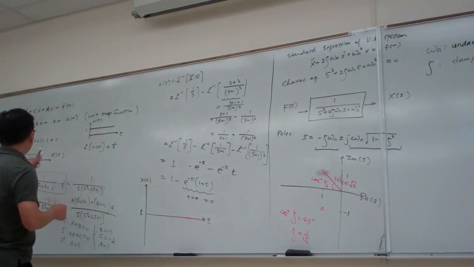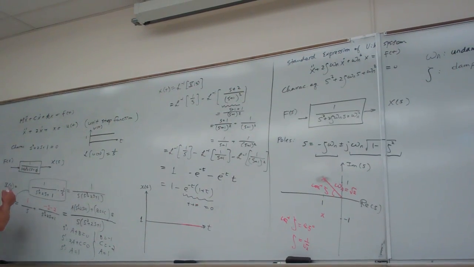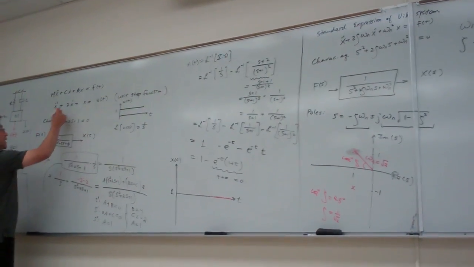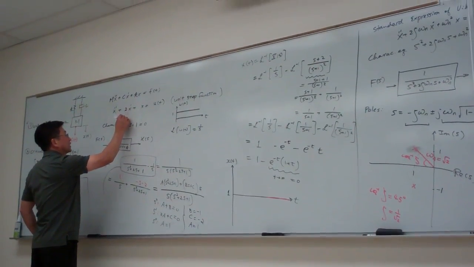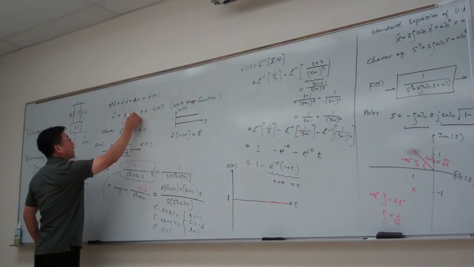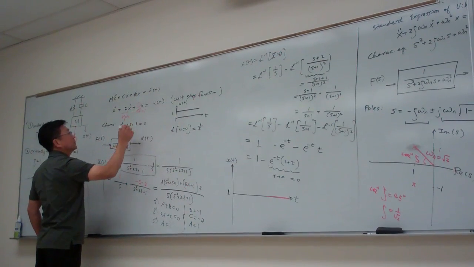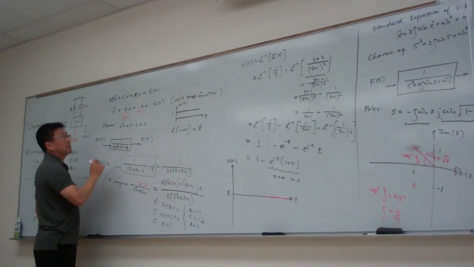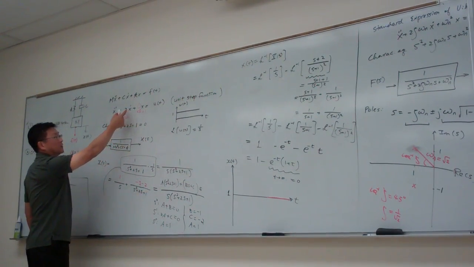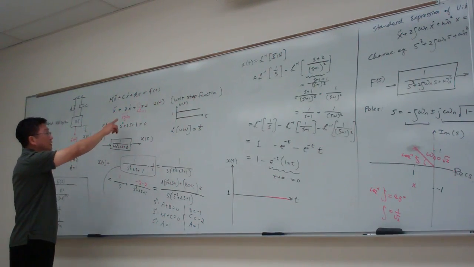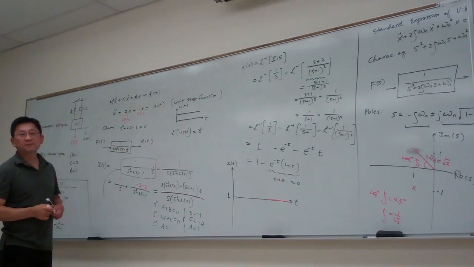And compared to our characteristic equation using the standard form, this is 2 zeta omega n, and omega n squared here is basically equal to 1. The coefficient here is equal to 1.